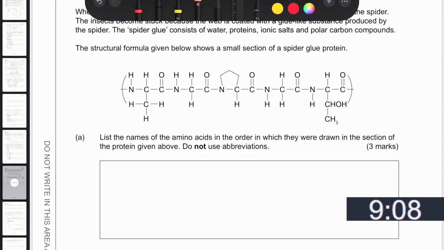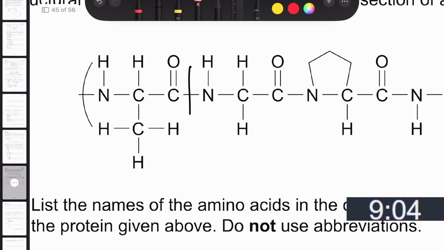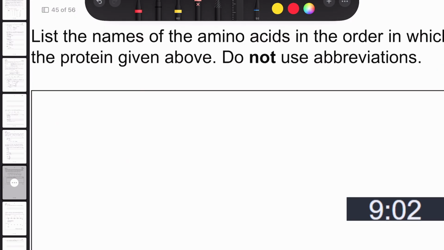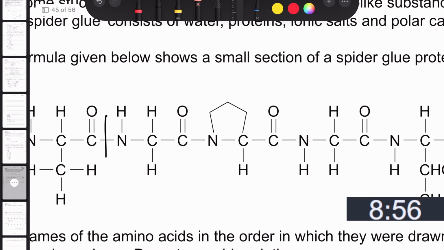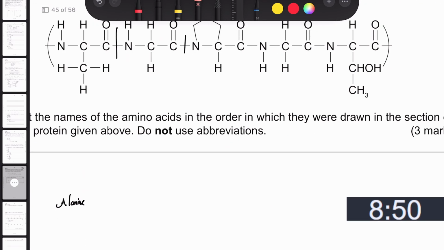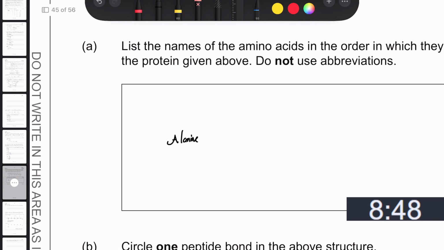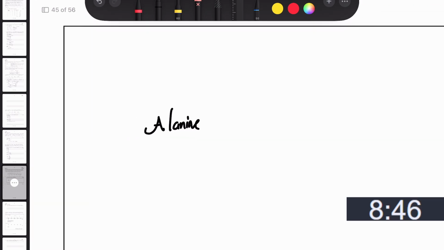So the first one is alanine, I think. So let's see, that is just alanine. Next one goes up to here. That is just glycine.